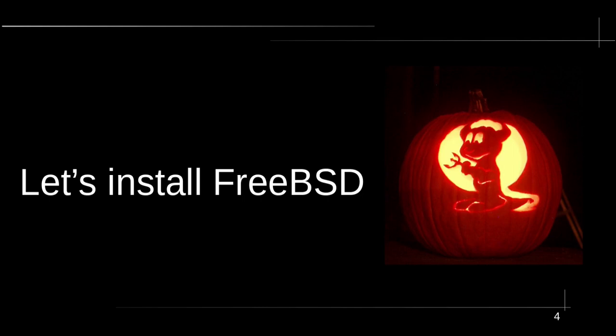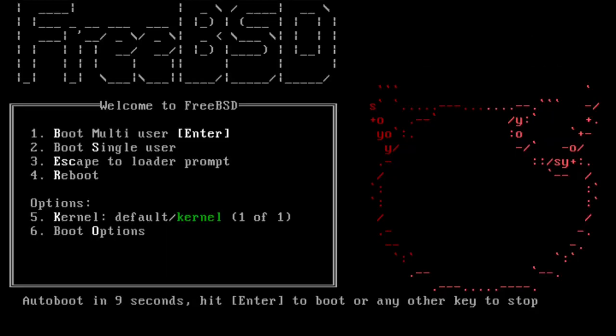I actually just finished installing a fresh FreeBSD 12.1 install on my ThinkPad X220. It's running amazingly, and I used this exact same process. But we will be using VirtualBox today. So here we are in VirtualBox, ready to install FreeBSD.